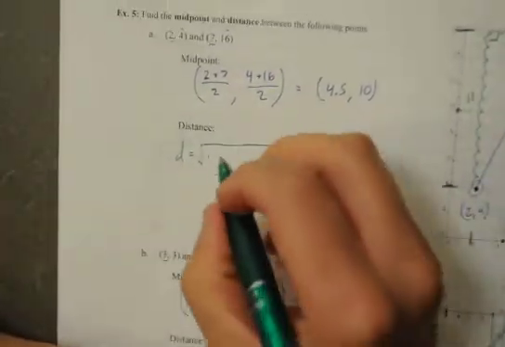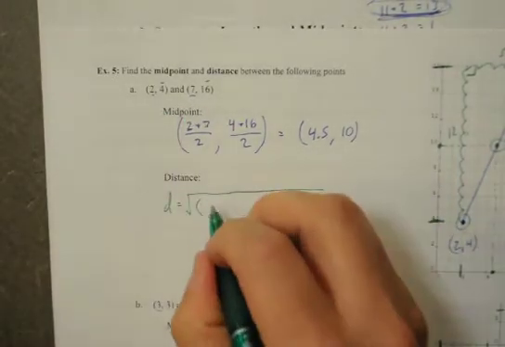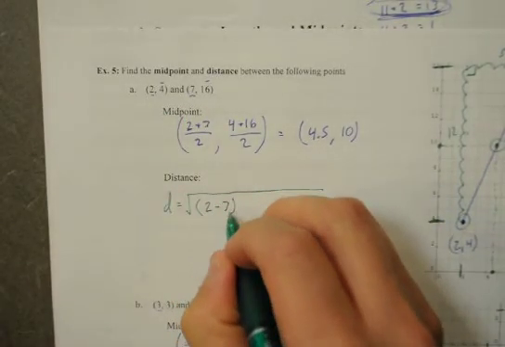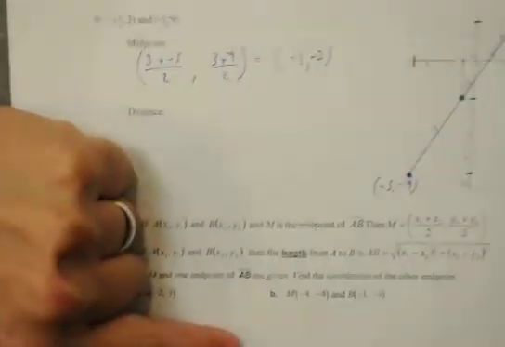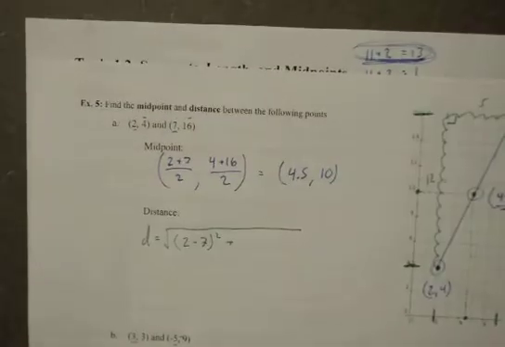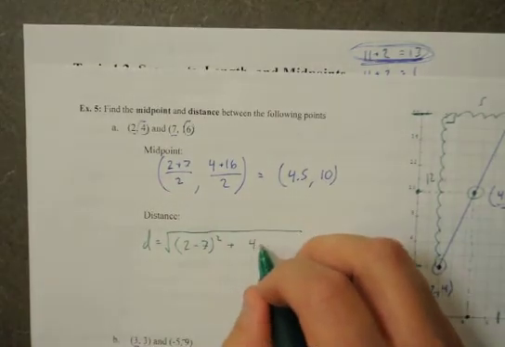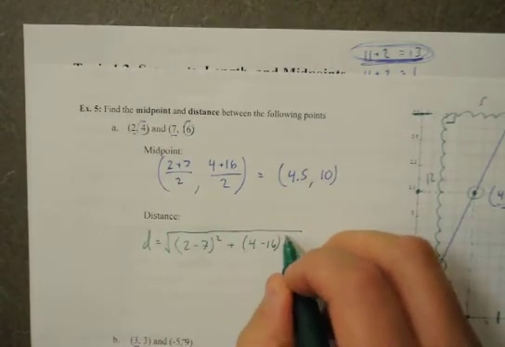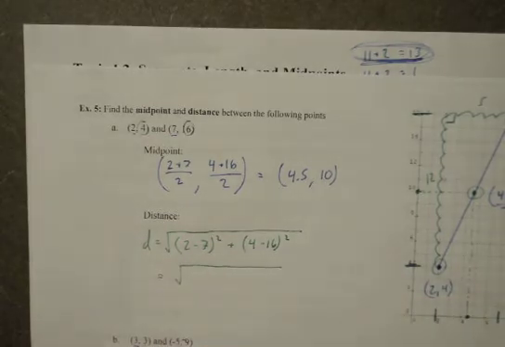So for us, that is 2 minus 7 squared. And then according to the distance formula here, y minus y squared. So for us, here's our y's, 4 and 16. Like that. Now you do work in the parentheses first, because that's how we do algebra, right?